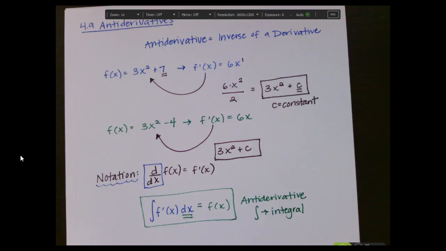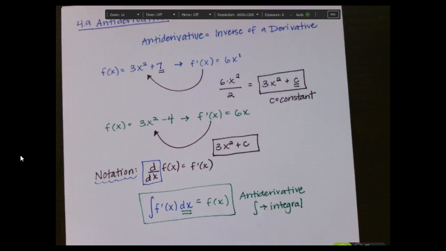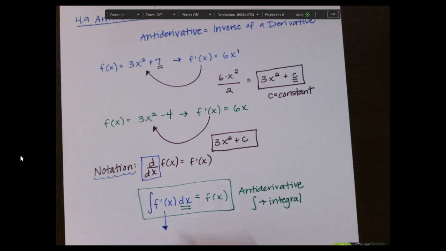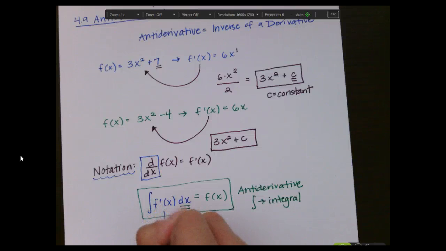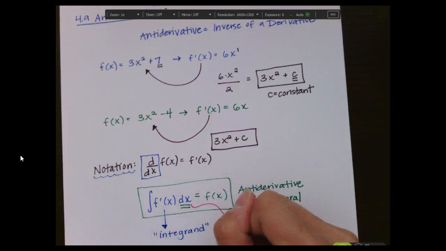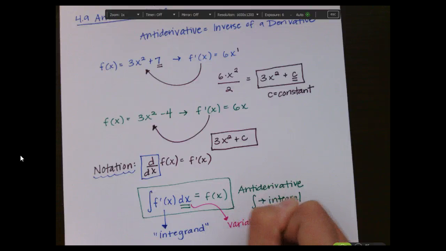All right, so a little bit more notation here. The function that we are taking the antiderivative of is going to be called the integrand. And the dx is going to give us information about the variable of integration.